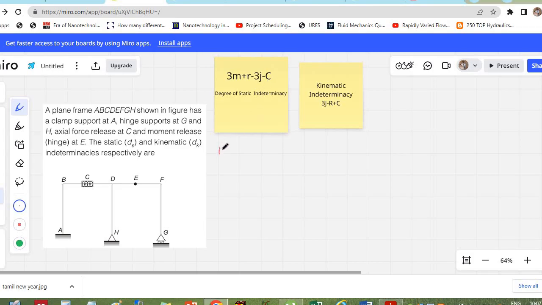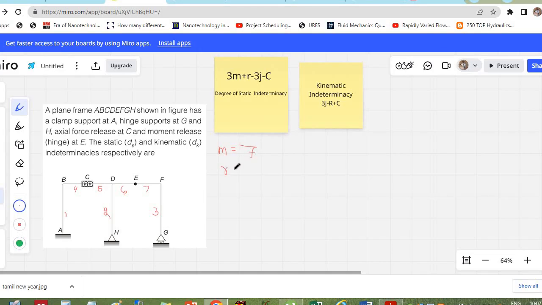Now the number of members m is equal to, here the number of members is 1, 2, 3, 4, 5, 6, 7. So the number of members is equal to 7.